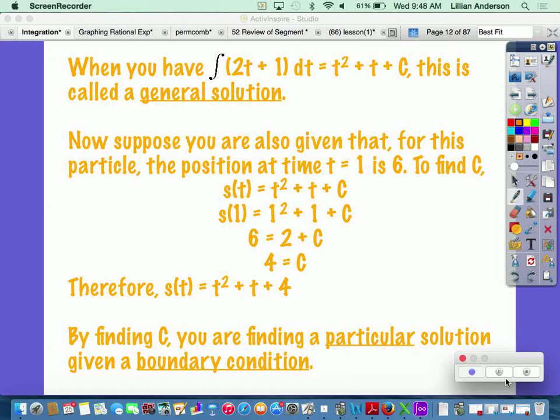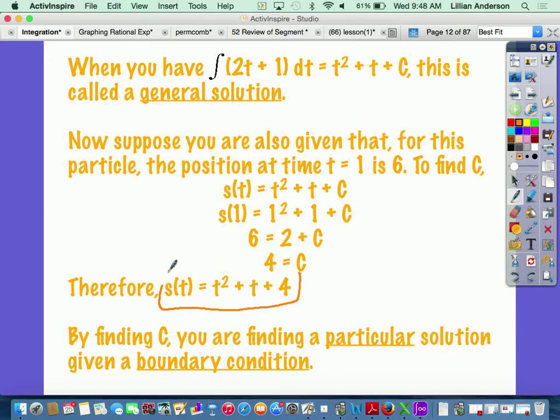So all we do is we plug in. And as you see, when we plug in, we'll have 1 squared plus 1 plus c. All of that equals 6. So 6 equals 2 plus c. C is 4. So for this particular situation, our constant is 4. Because it tells us that at time t equals 1, when time is 1, our position is at 6. That's how you go about figuring out what your constant is, okay?